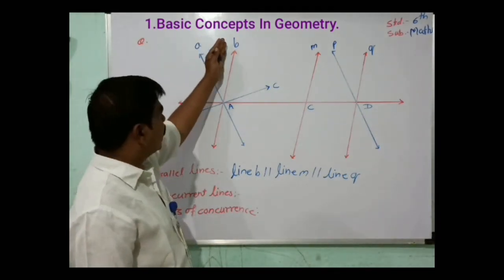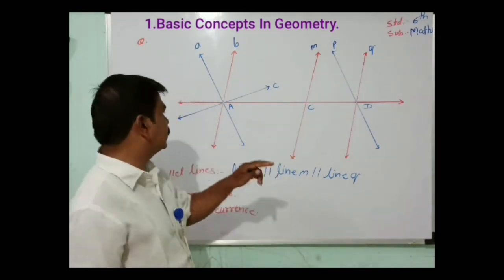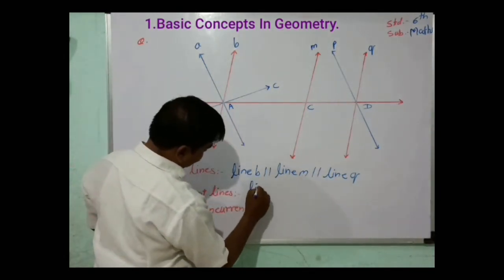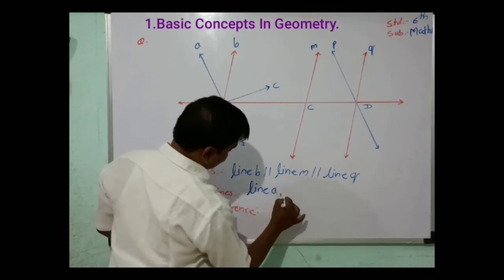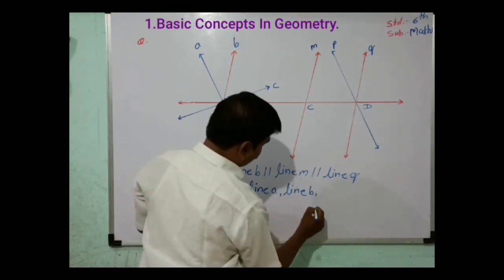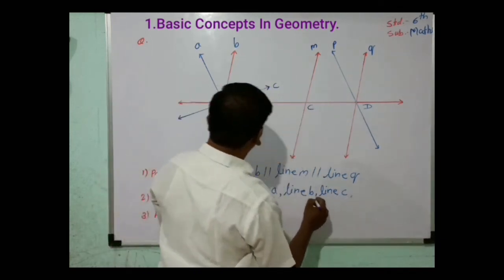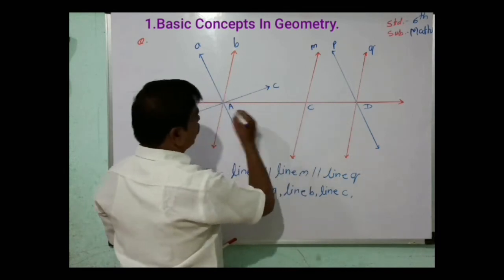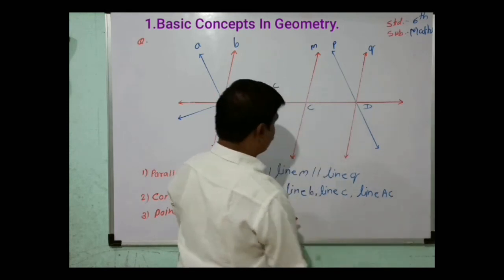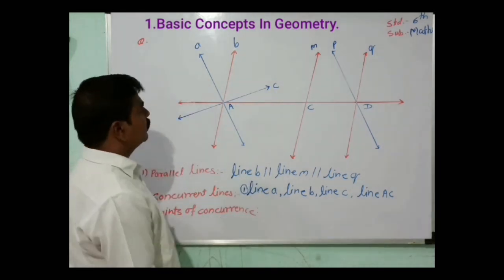Line A, line B, line C, and this fourth line which also intersects in this point A. Means line A, line B, line C, and line AC or AD. This is one group of concurrent lines.